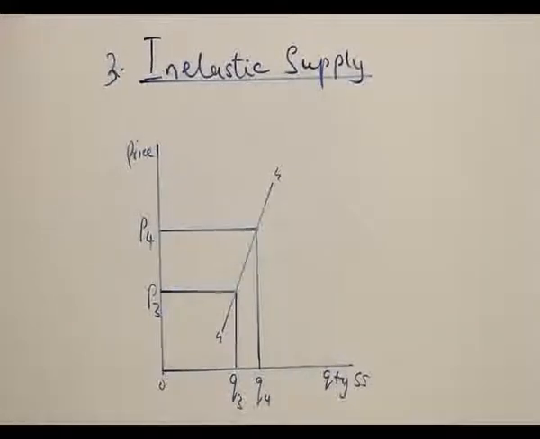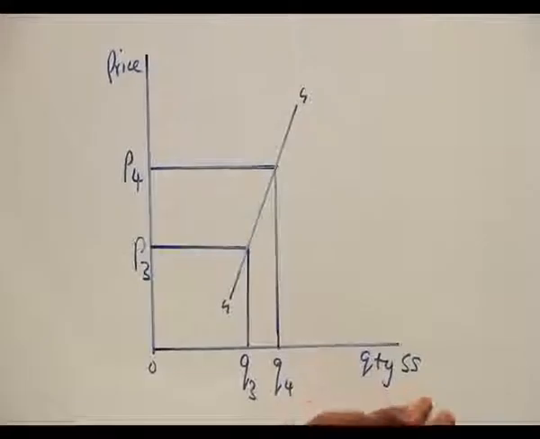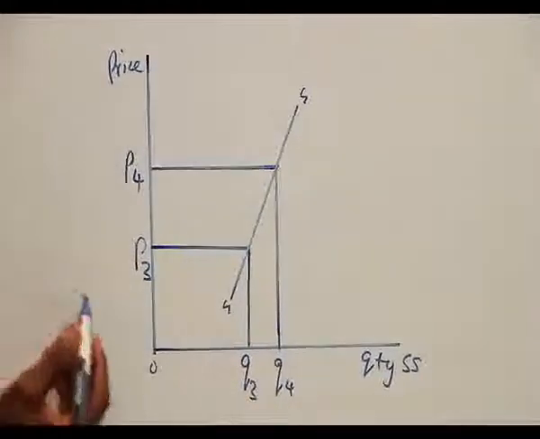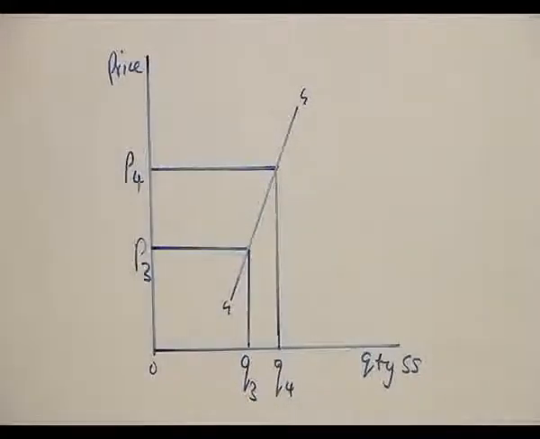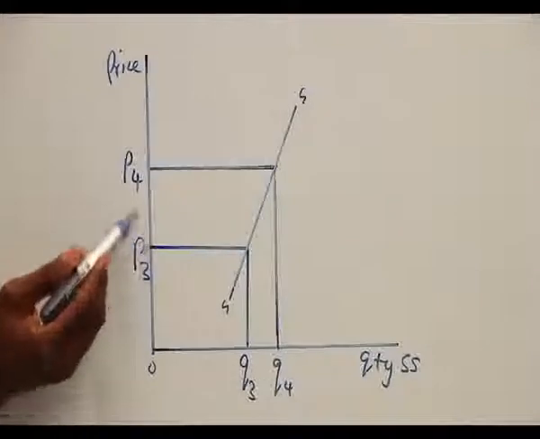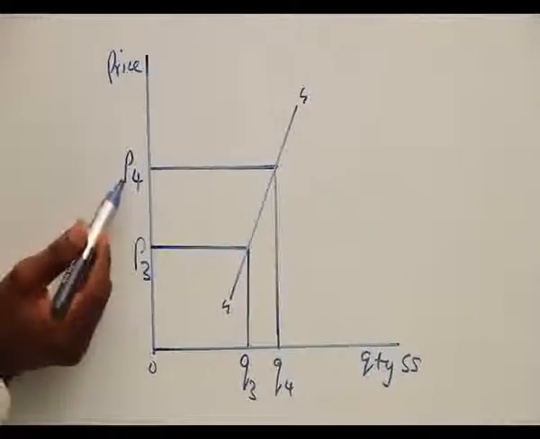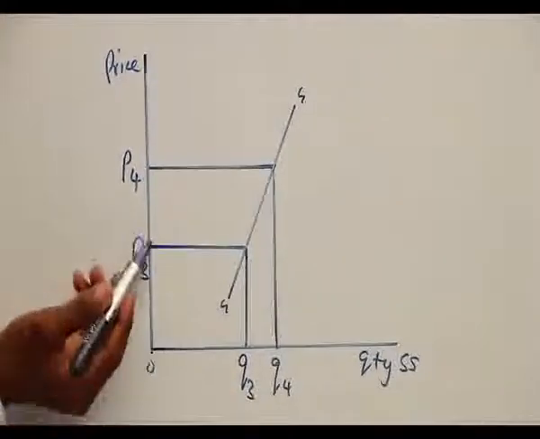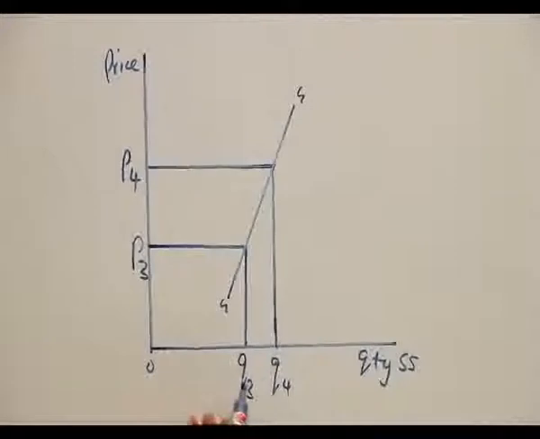Looking at the diagram before us, the quantity axis Q3, Q4, the price axis P3, P4. Looking at the gap between P3 and P4 and comparing with the quantity axis Q3 and Q4, you will observe that the change in price here is greater than the change in quantity that we have here.